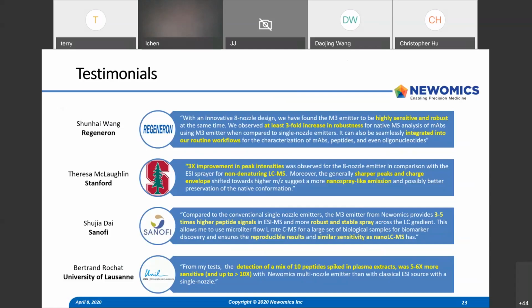Teresa from Stanford, we collaborate on her Bruker Impact II instrument. She saw at least a 3-fold increase in sensitivity. Dr. Dai from Sanofi, as well as Bird from the University of Lausanne, were using our emitter for peptide analysis. They saw a 3 to 5-fold increase in sensitivity.